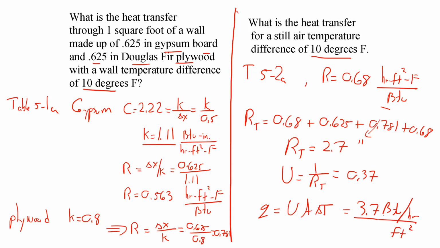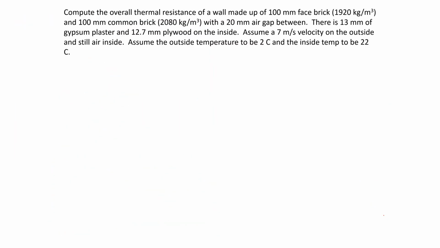All right. So let's go on to a second example problem here. This problem is saying compute the overall thermal resistance of a wall made up of 100 millimeter face brick and 100 millimeter common brick. I'll give you the densities for each of those bricks, with a 20 millimeter air gap.